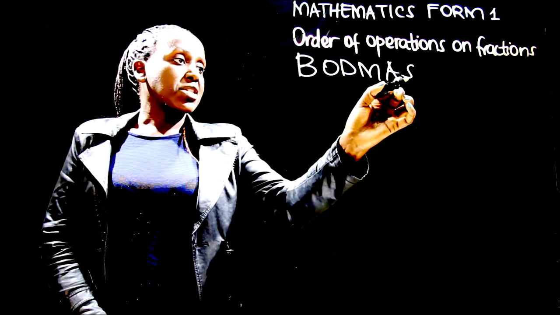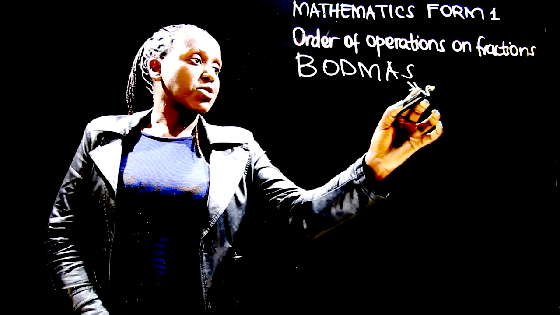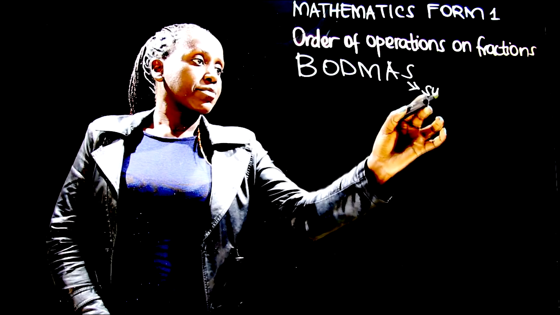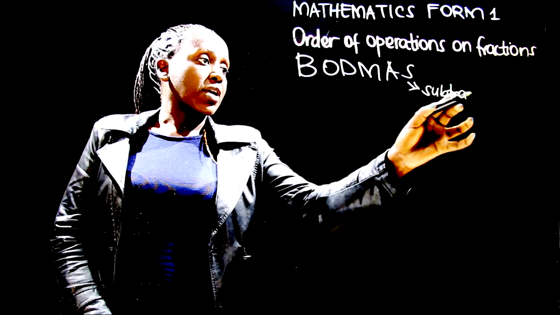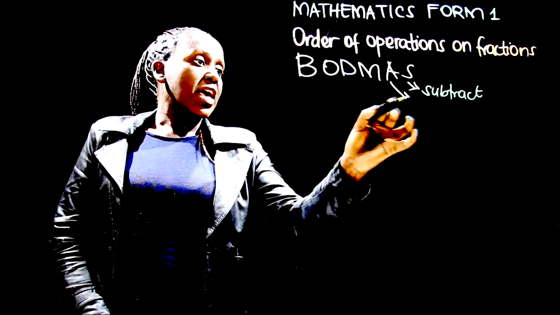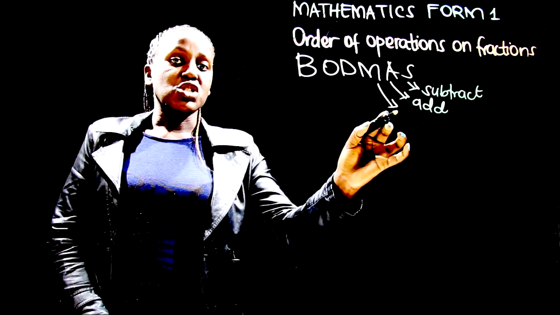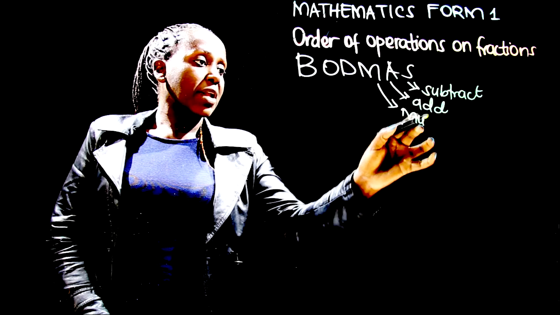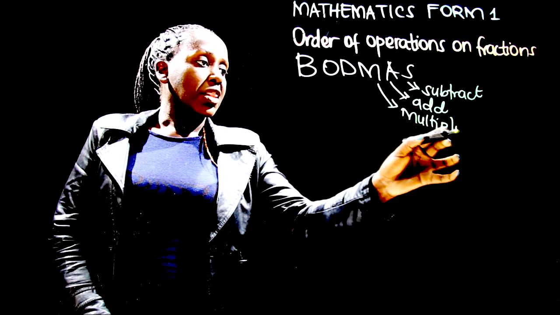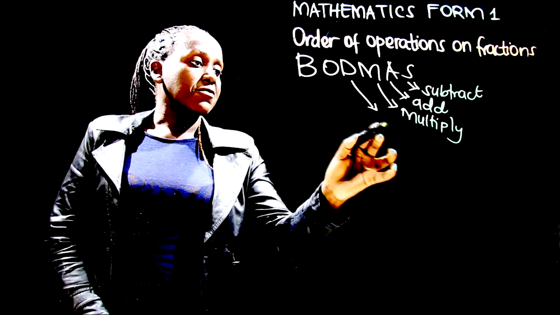The S represents subtraction, which means that you subtract. A is addition, so you add. M is multiplication, so you multiply. Then D is division.